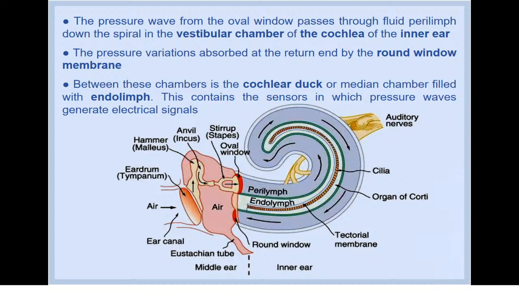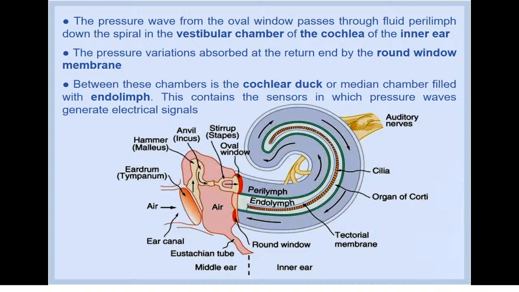The pressure wave from the oval window passes through fluid called perilymph down the spiral into the vestibular chamber. The pressure variations are absorbed at the return end by the round window membrane. Between these chambers is the cochlear duct, or medium chamber, filled with the endolymph fluid.